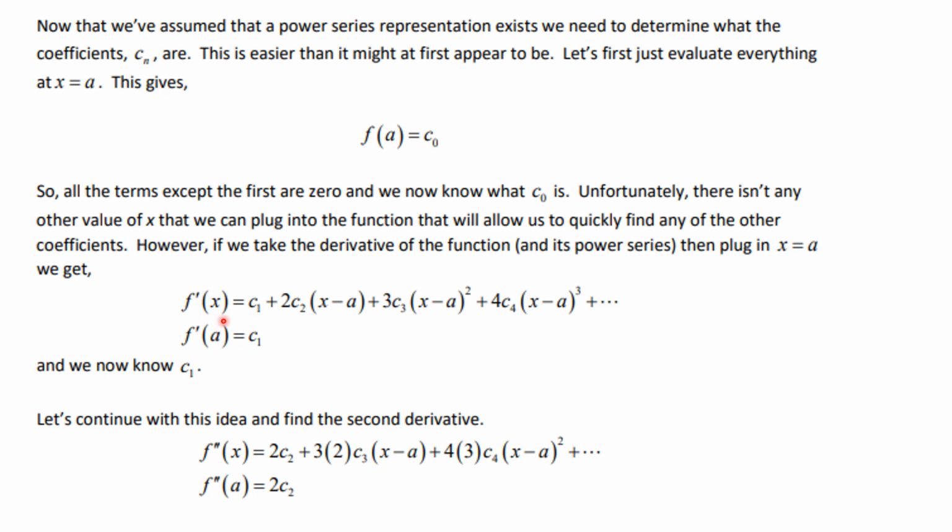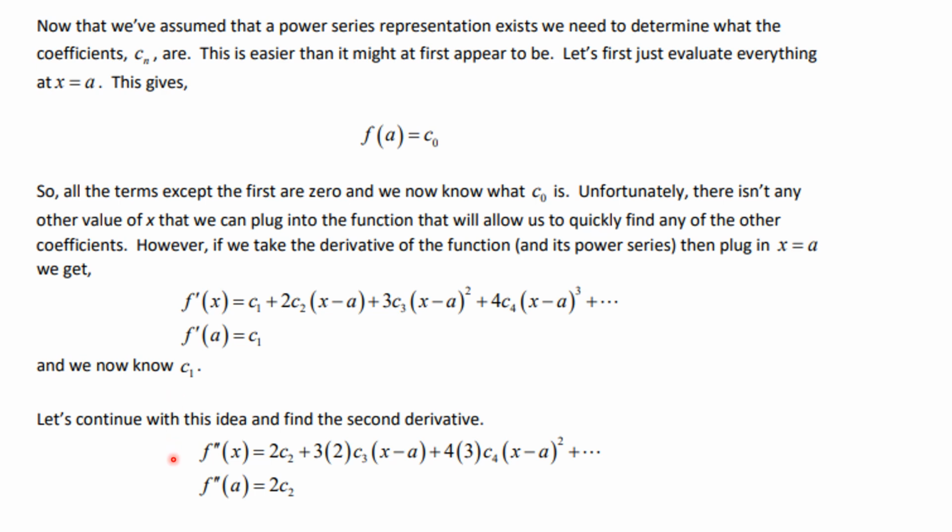So f prime of x is c1 plus 2 c2 times x minus a, plus 3 c3 times x minus a squared, plus 4 c4 times x minus a cubed plus dot dot dot. And now when we substitute a in, all of these terms drop out and you're left with f prime of a equals c1. So now we know c1.